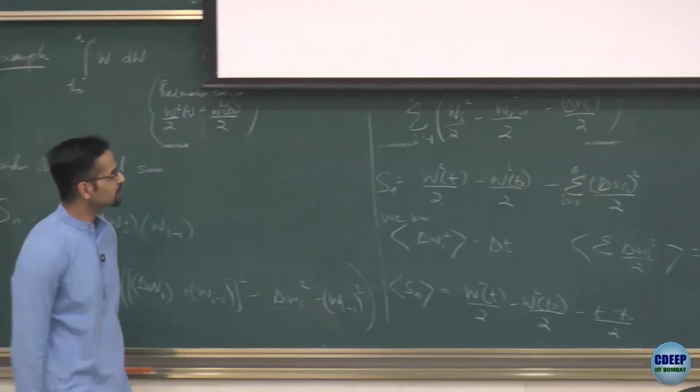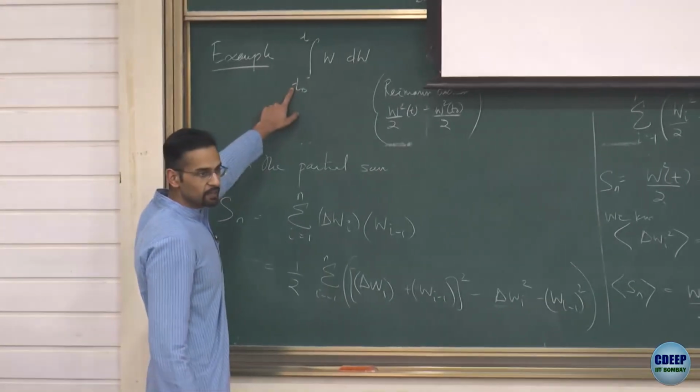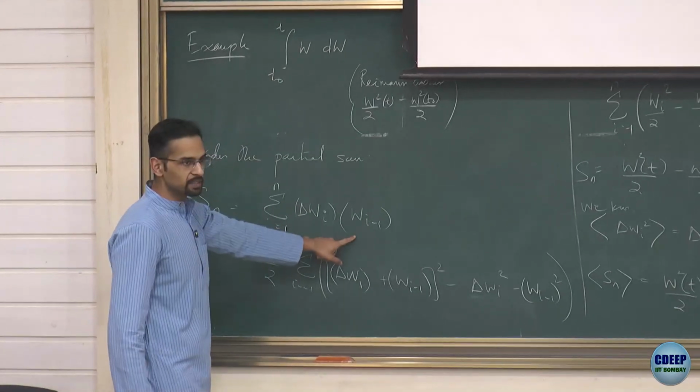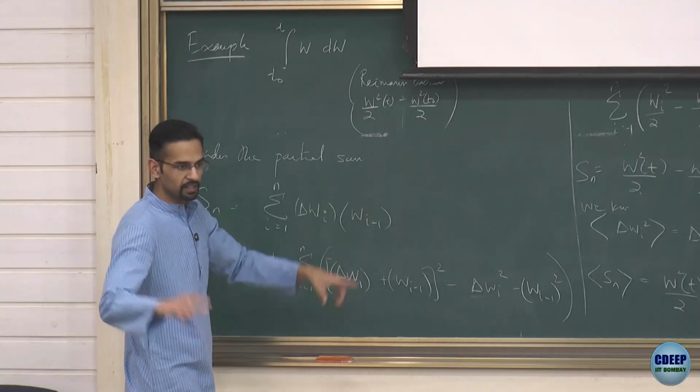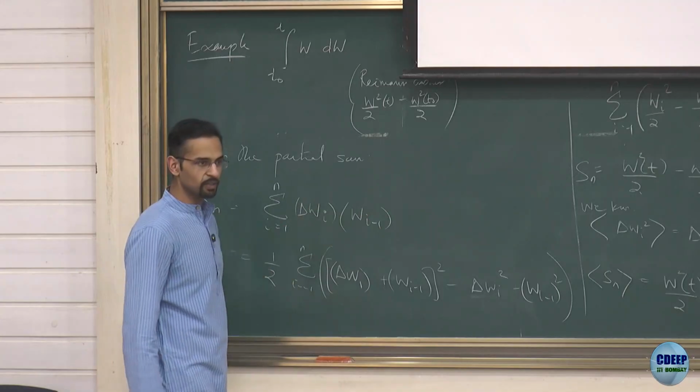To prove that this is the answer, what I should do is take the partial sum, subtract the partial sum from that, square, take the ensemble average, and check the limit of n going to infinity.